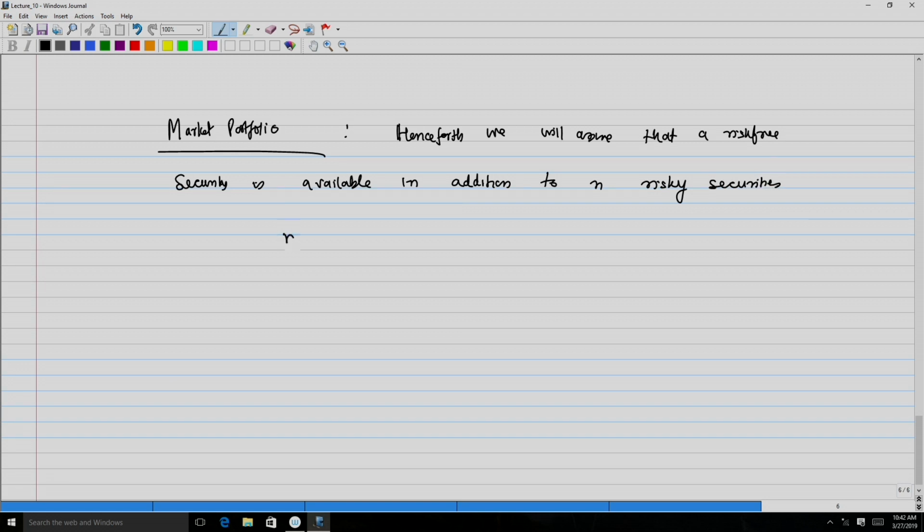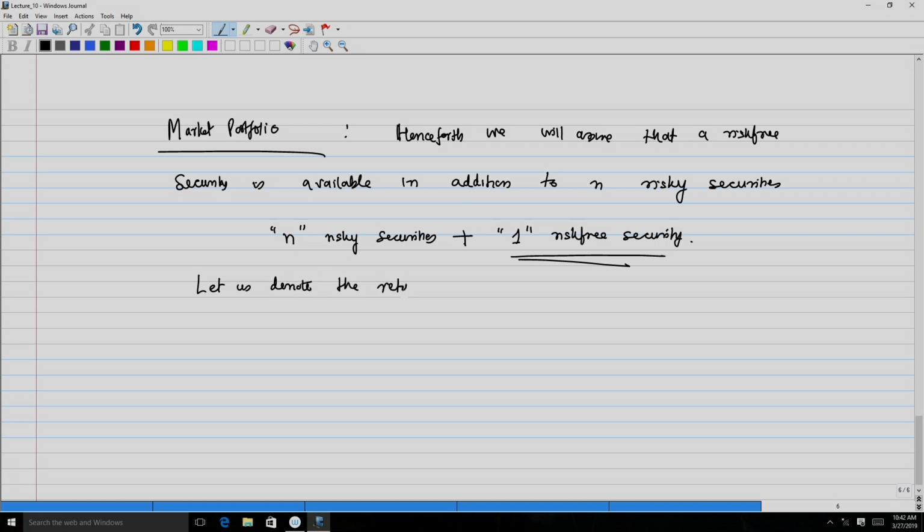So, this means that in the CAPM framework, where we had n risky securities, to this we will now add one risk free security. So, now that you are considering a risk free security, let us denote the return on the risk free security as R, that you have already seen.